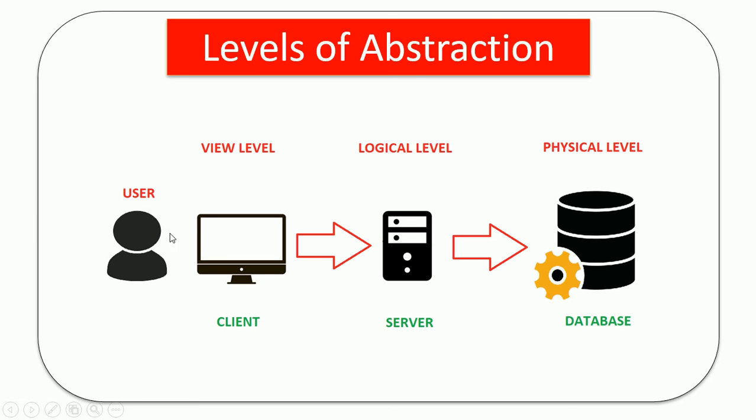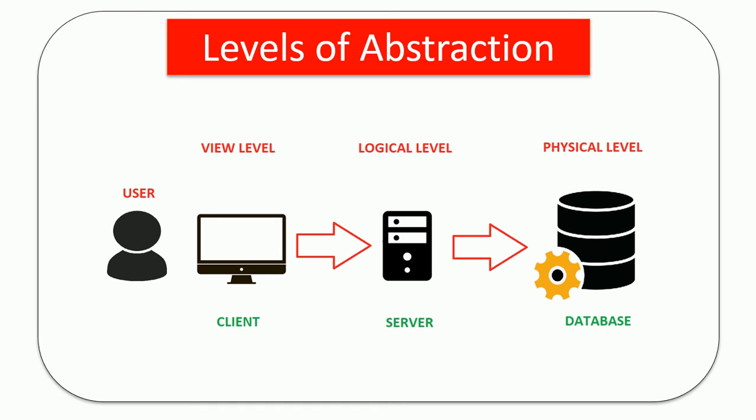The user is typing a select query from the client machine. The client machine will send the query to the server. So the server knows the relationships between the tables, access rights, authentication, and other details.